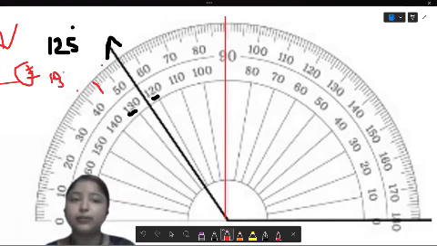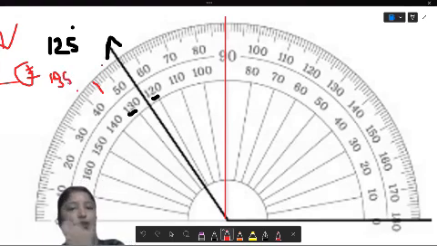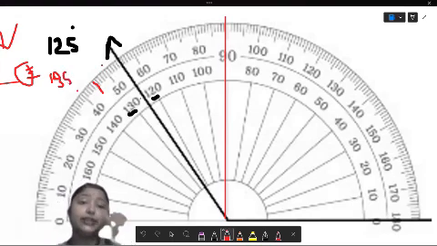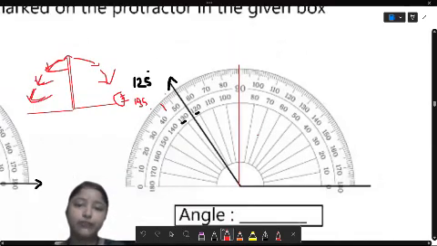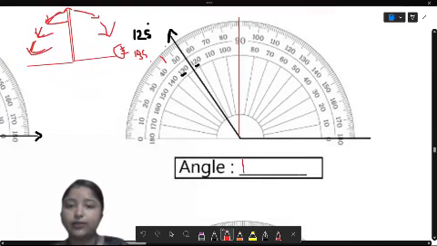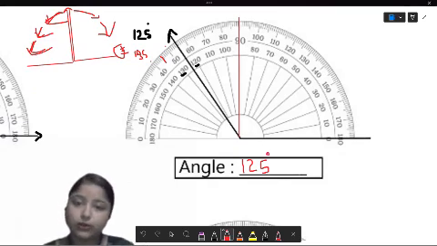So that line is representing 135. Same with this, because it is exactly in between 130 and 120. So it's going to be 125 degrees. The angle measurement is 125 degrees. With the same procedure, you need to do all the questions.